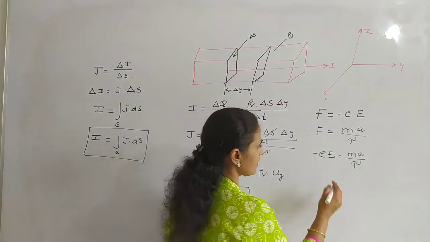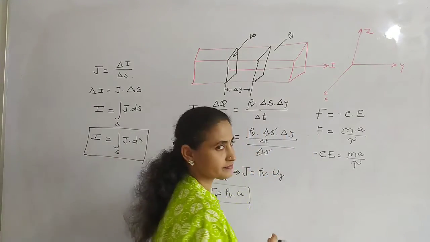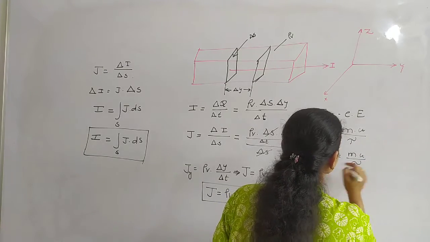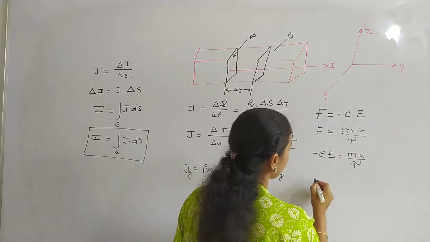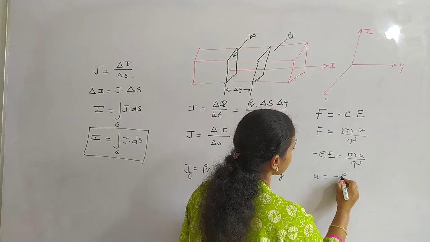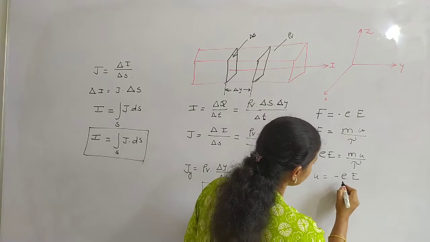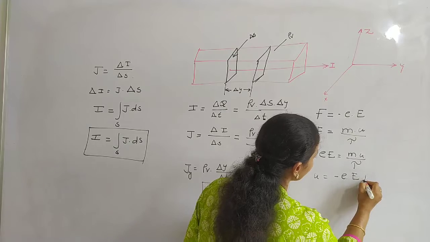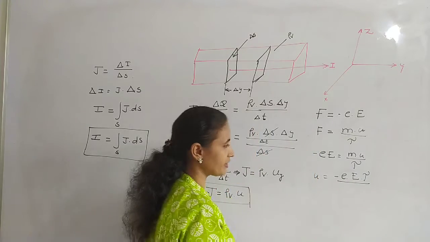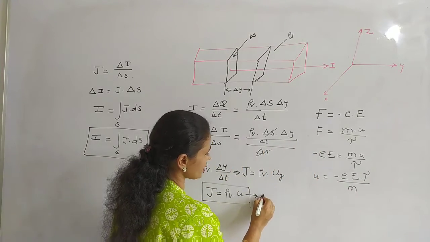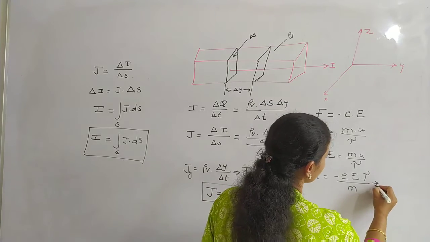From this we can write u as minus e E tau by m. Let this be equation 1 and this be equation 2.